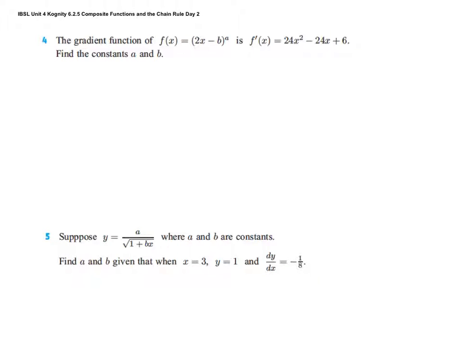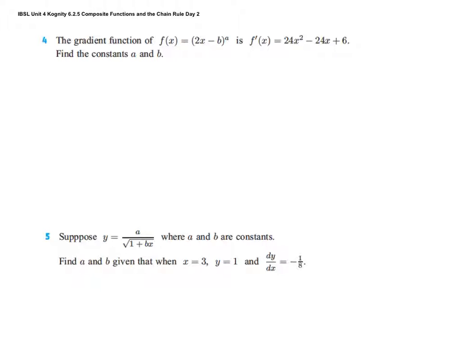Alright, now, these 2 problems are very good examples of the types of problems that you might have to do on, say, like an IB exam or something like that, okay? You're using the rules, but in kind of a roundabout way, alright?